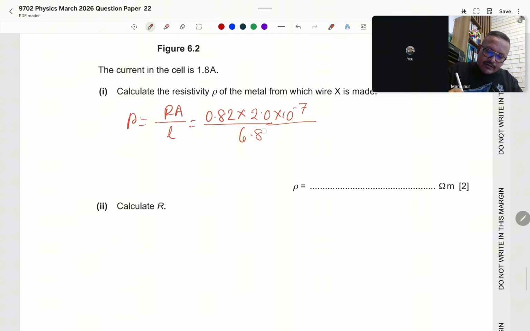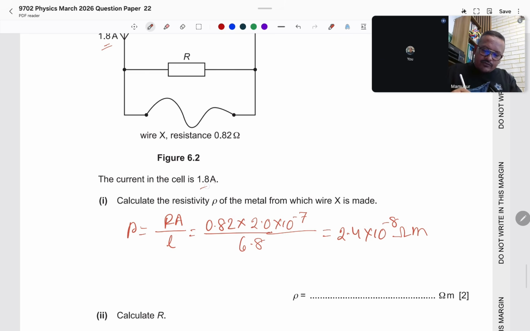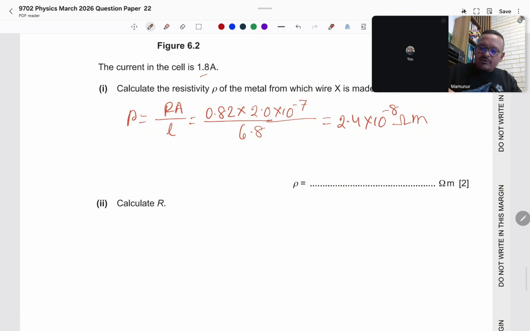We are getting the answer 2.4 into 10 to the power minus 8 ohm meter. The answer will be to two significant figures: 2.4 into 10 to the power minus 8.